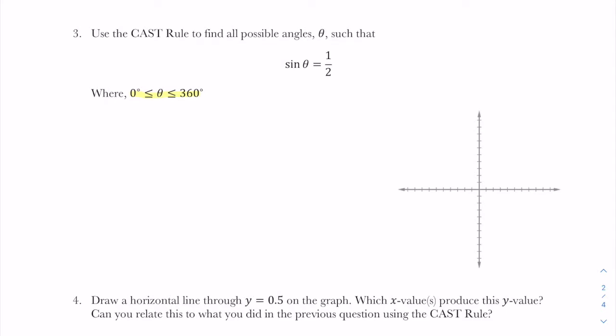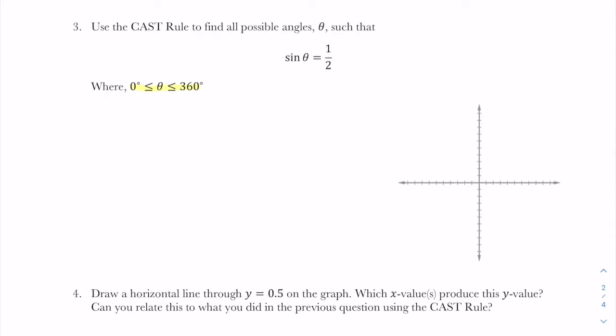I'll begin by labeling the graph first. So the sine of which angle gives you a half? Think back to the two special triangles that we drew last unit. And I hope you remember it must be the 30, 60, 90 triangle.